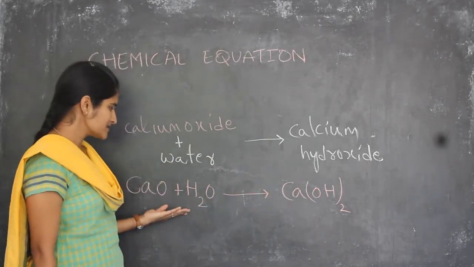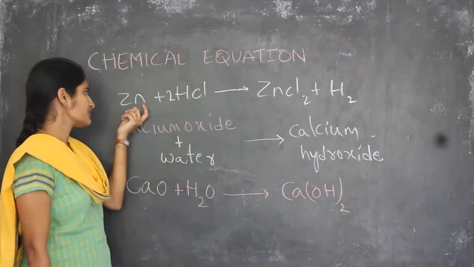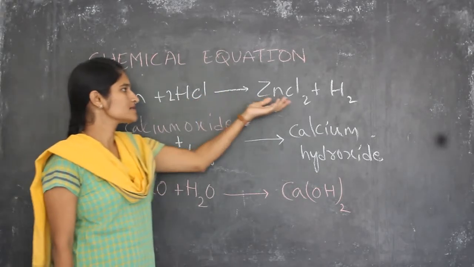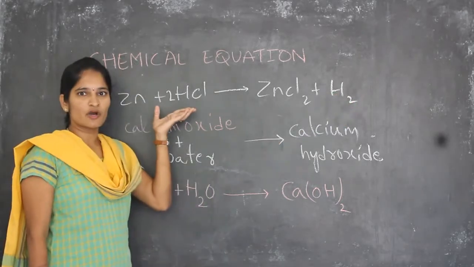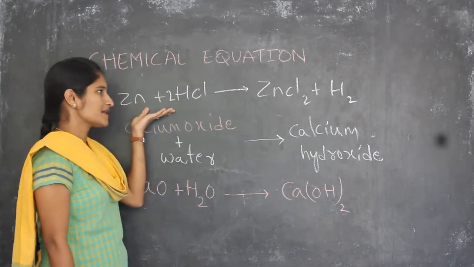In this equation we got only one product. Suppose the equation is zinc plus hydrochloric acid giving zinc chloride and hydrogen. We have discussed types of reactions. So what type of reaction is this?